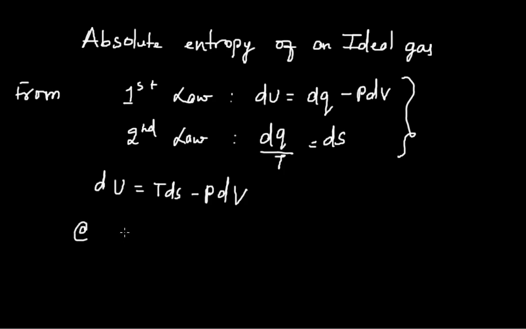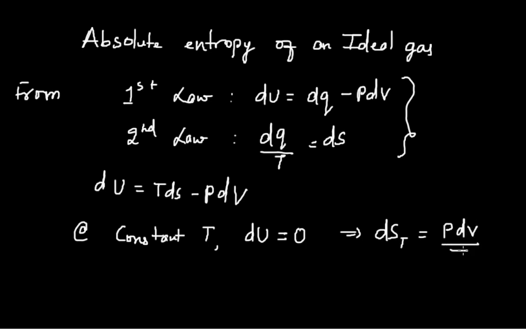At constant temperature, dU for an ideal gas is 0, so this implies that dS is going to be p dV by T.